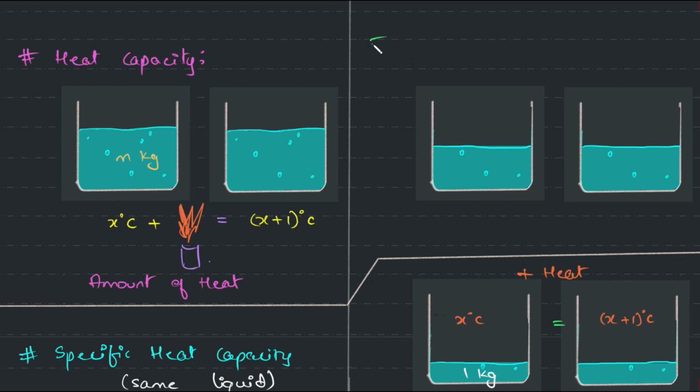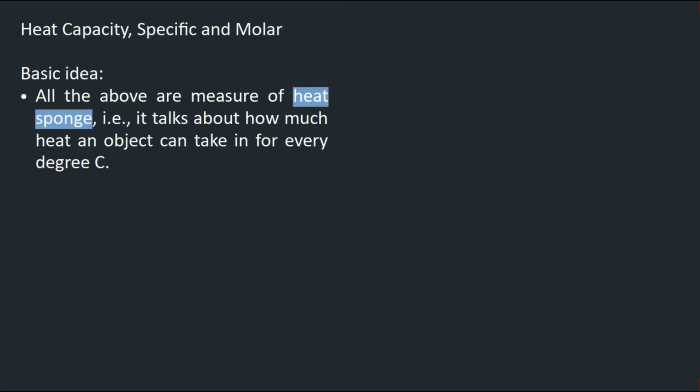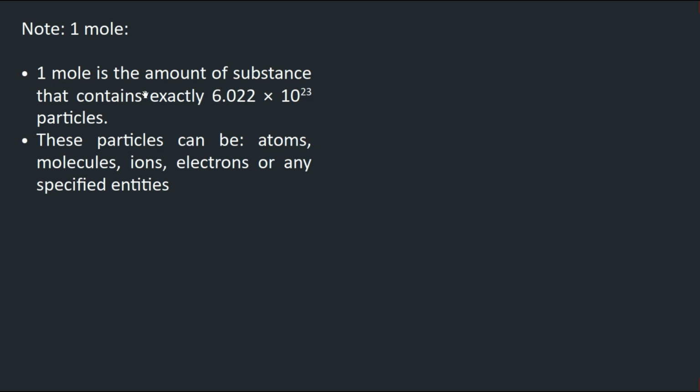Now, instead of 1 kg, if I take 1 mole. So what is a mole? I hope you guys remember from chemistry. 1 mole is the amount of substance that contains exactly 6.022 times 10 to the power of 23 particles.